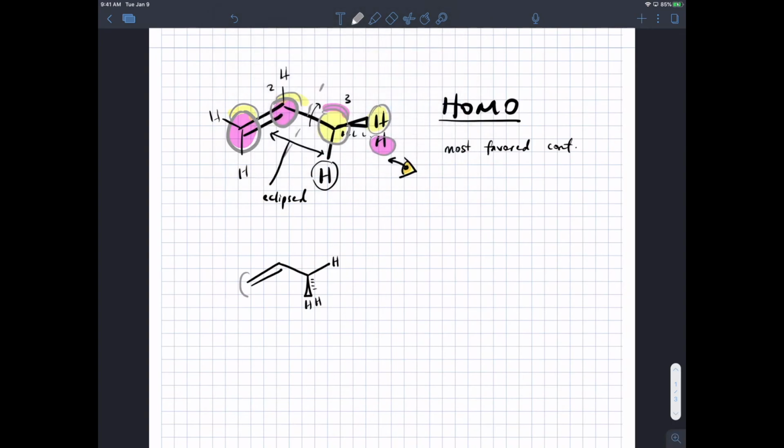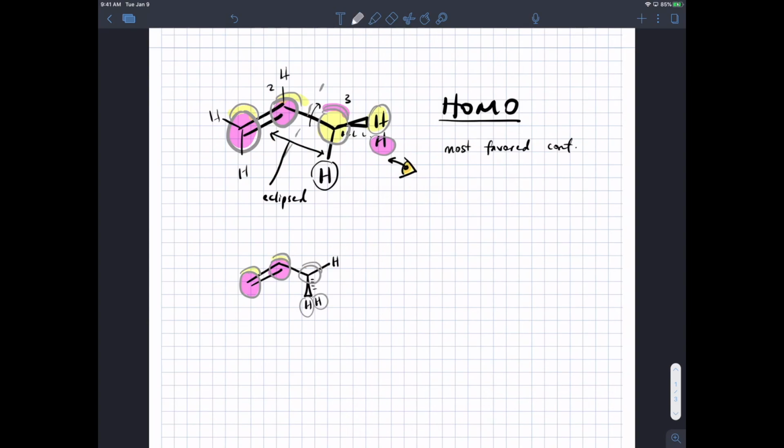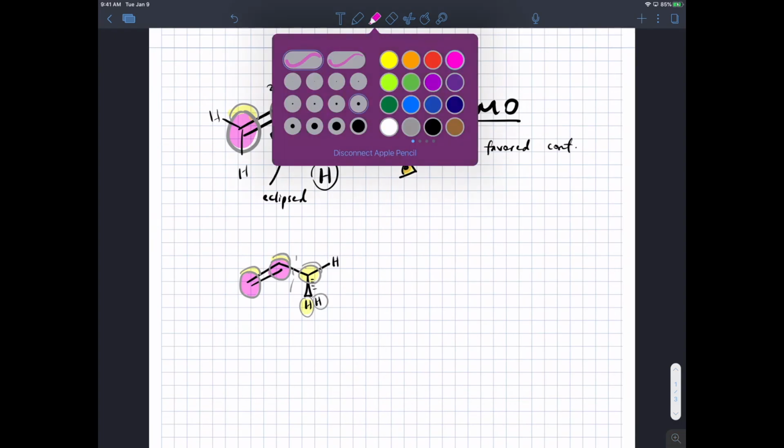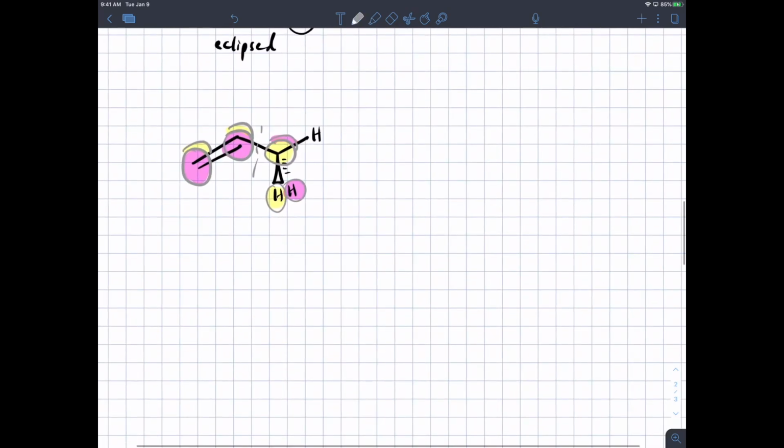Sorry, I'm going to draw this orbital again. And because of the node that's here, you run into a situation where what you think might be more favorable from a steric point of view leads to an out of phase, unfavorable juxtaposition of the wave function.